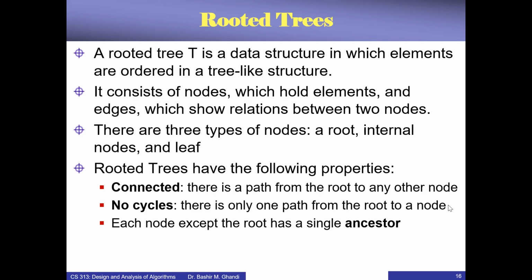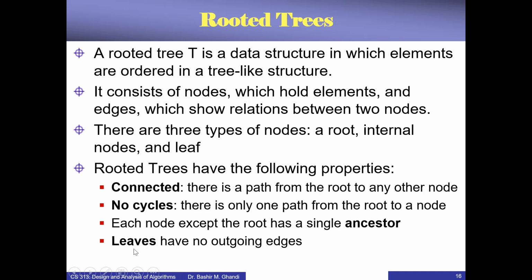3. Each node except the root has a single ancestor, has a single parent, if you like. Okay? It may have more than one child, but it will have only one parent. Property number 4 is that leaves have no outgoing edges, meaning the leaves, of course, have no children.